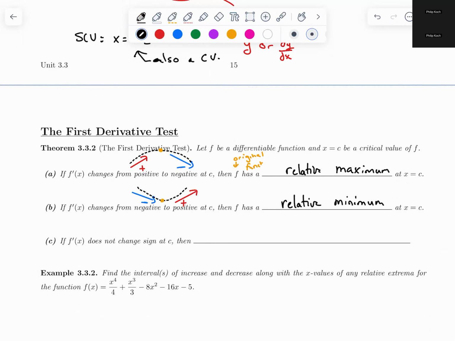Then the last one is if f prime sign does not change, if it goes from positive to positive or from negative to negative, if it stays that way, then there's no relative extrema. Then f has no relative extrema at x equals c.